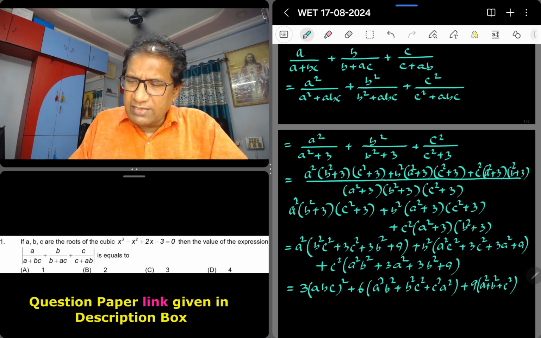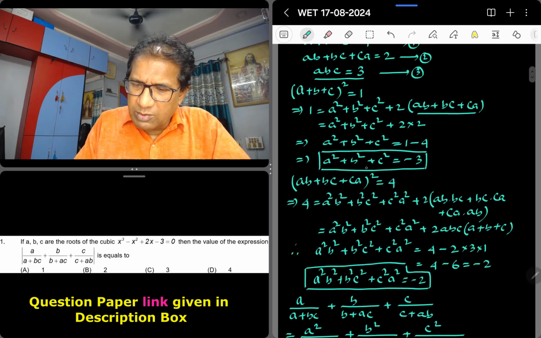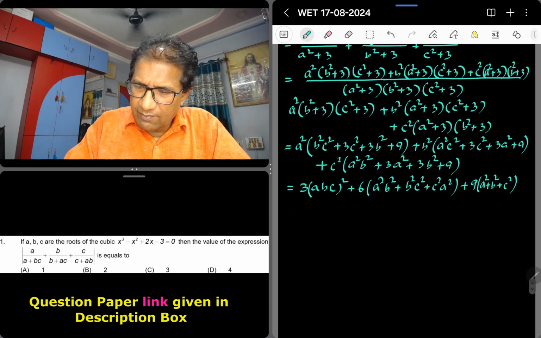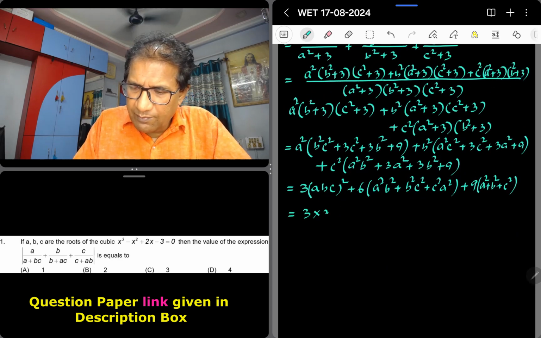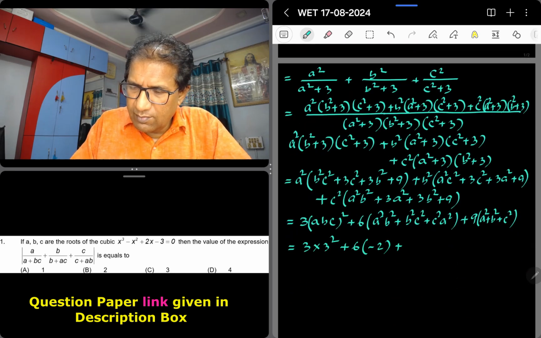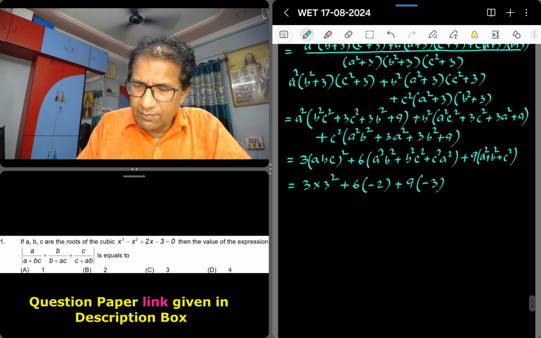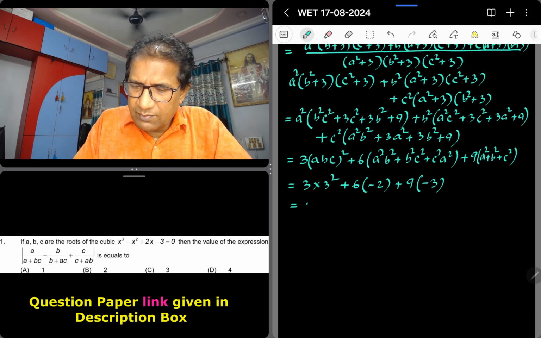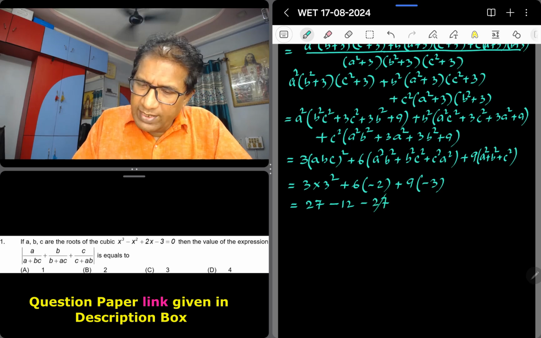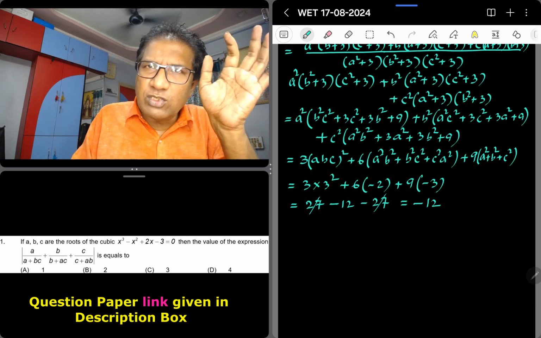Now, let me just replace the values that right now we have got. We have got the values of A square plus B square plus C square is minus 3, ABC is 3, and A square B square plus B square C square plus C square A square is minus 2. Does we get the result as 27 goes off? So it's only minus 12. So the numerator is coming to minus 12.